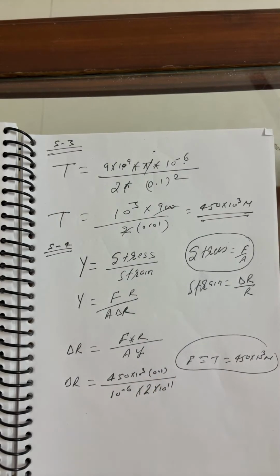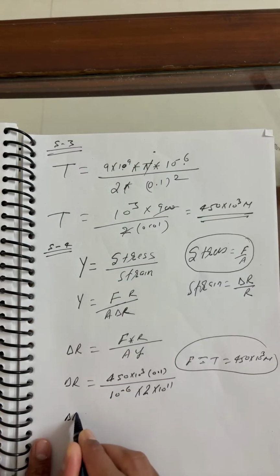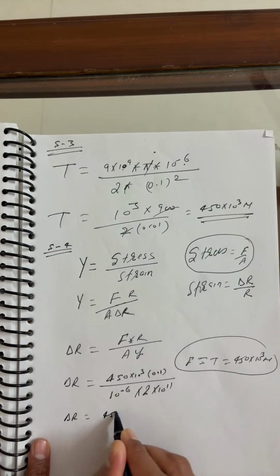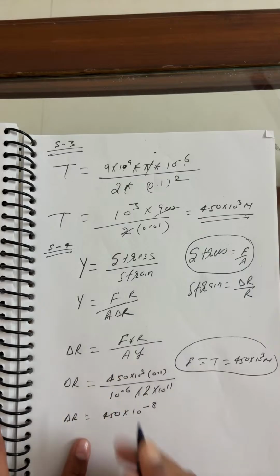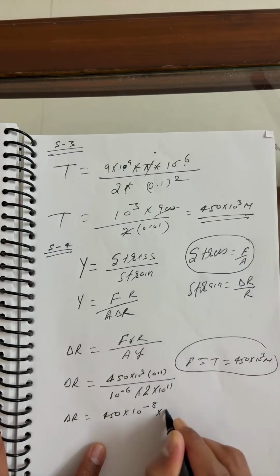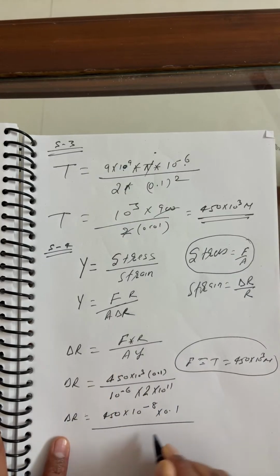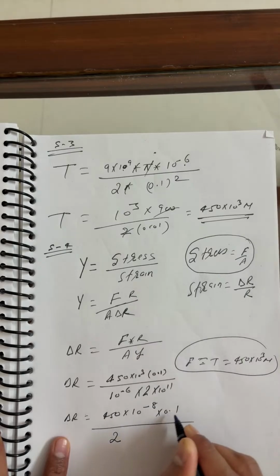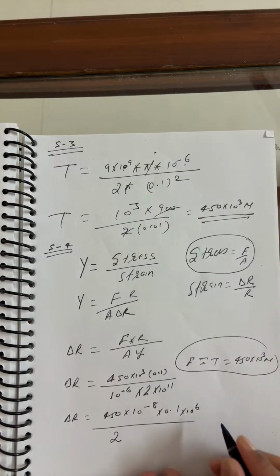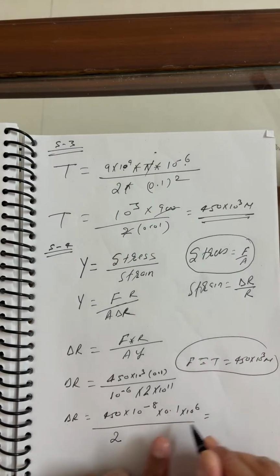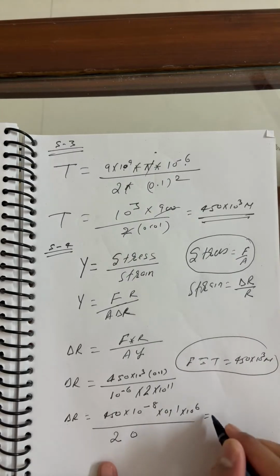Further we have to solve. So delta R is 450 into 10 to the power minus 8 into 0.1 upon 2, this goes up, so 10 to the power 6, and this comes down by one decimal.